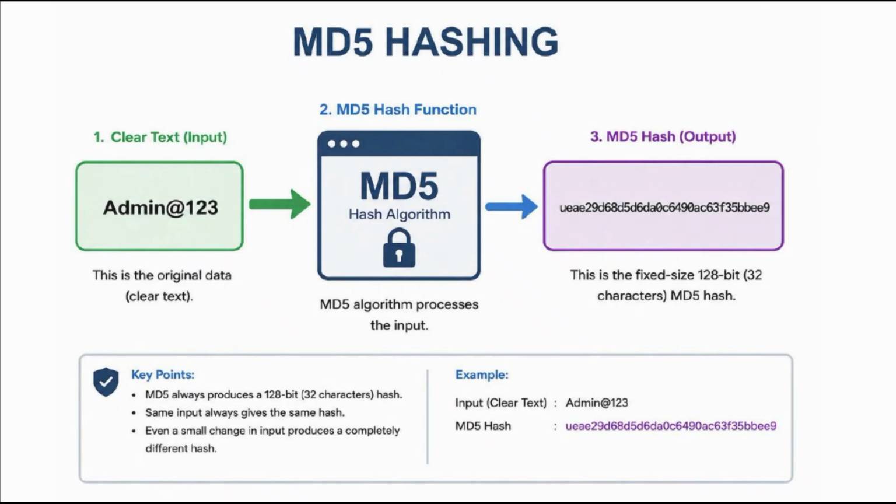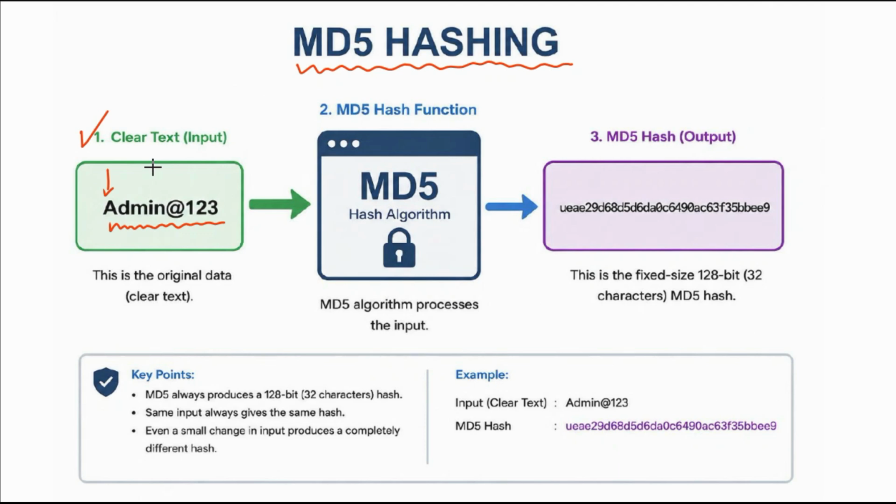Let's understand this with an example. Now you can see a topology or an image representing the MD5 hashing mechanism. In step 1, you can see that we have a clear text as an input. The input is Admin@123. Please note that Admin starts with a capital A. If you provide capital A Admin@123, or you provide small a admin@123, that will generate two separate hash values.